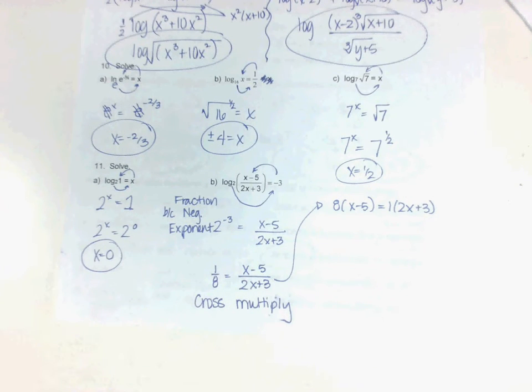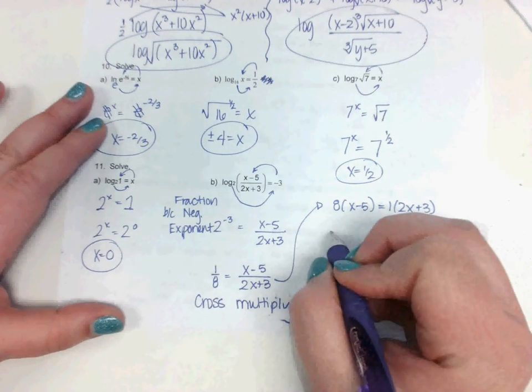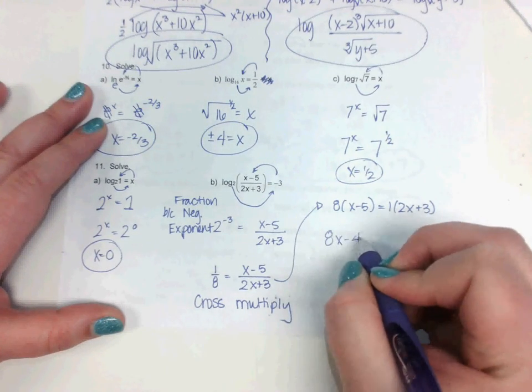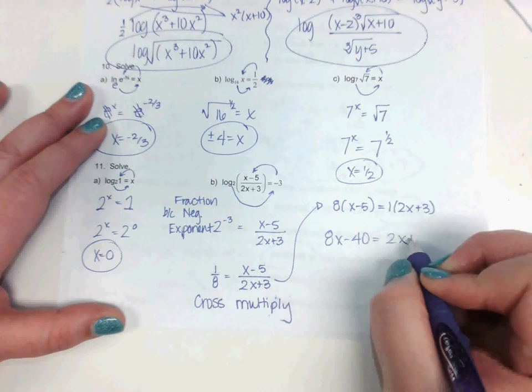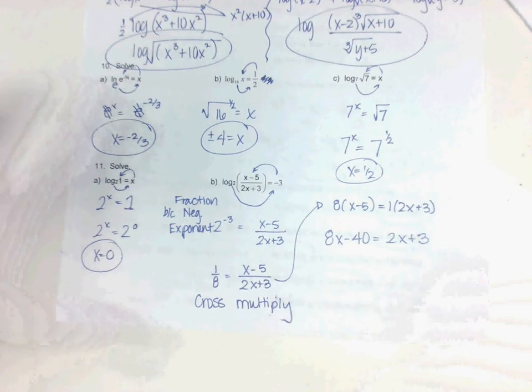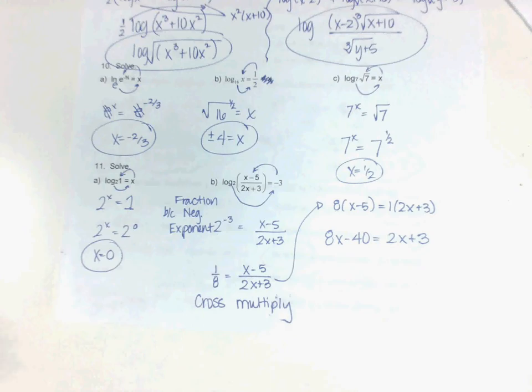Okay. So 8x minus 40 is right, because I have to times that little 8 in. So it'd be 8x minus 40. Other side, what do I get? 2x plus 3. Baby to the mama, minus the 2x across.